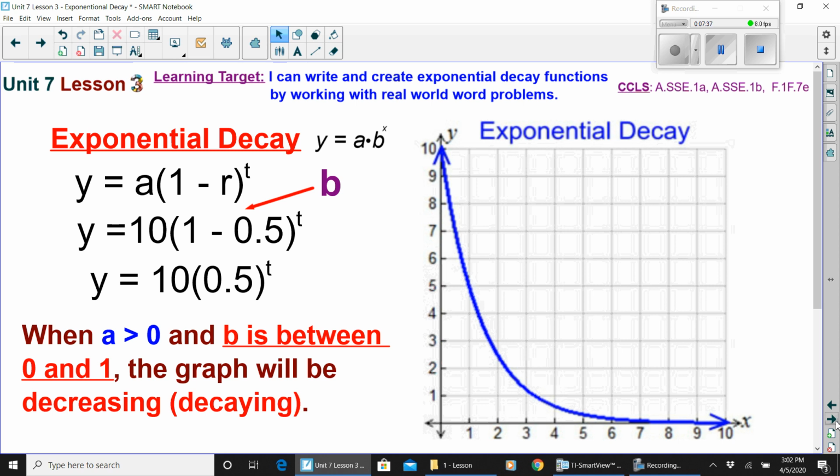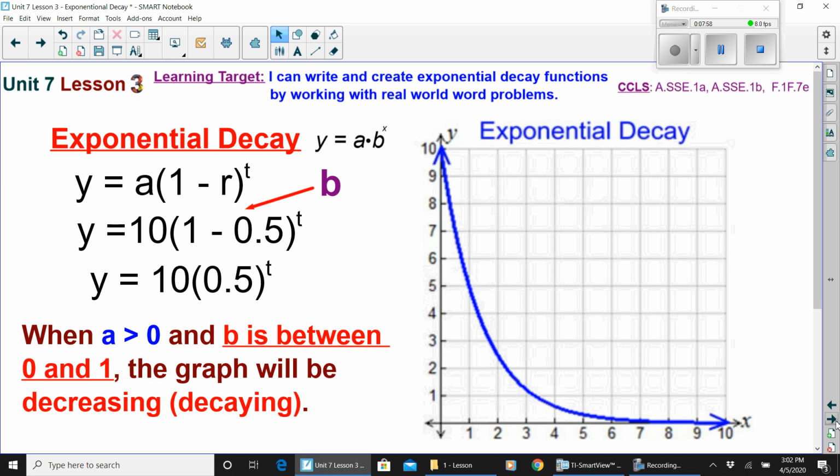All right, so here we go with exponential decay, and we're taking a look at y equals a times b to the x. It's always that formula. Remember when I told you instead of that 1 plus, it is 1 minus.